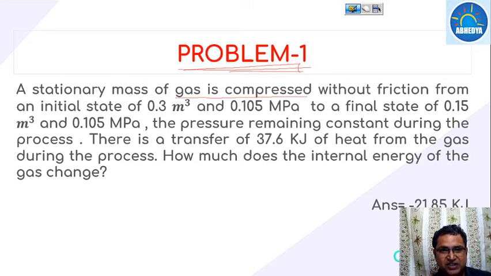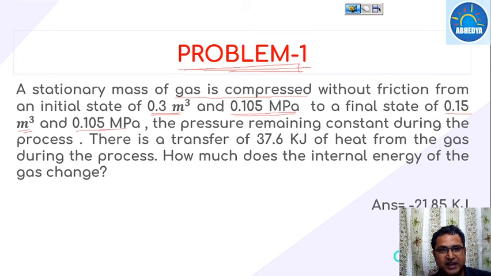The important thing is the gas is compressed without friction from an initial state of 0.3 meter cube and 0.105 megapascal, which means at the initial state the volume and pressure of the gas have been given, and it has been compressed to a final state of 0.15 meter cube. 0.15 meter cube means the volume has been reduced to half of its initial value.